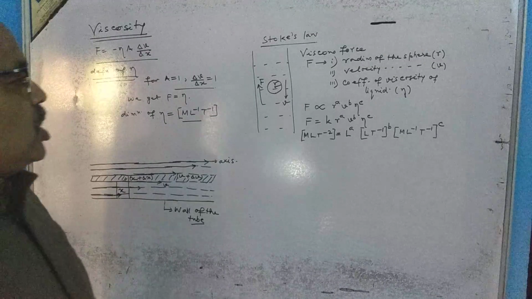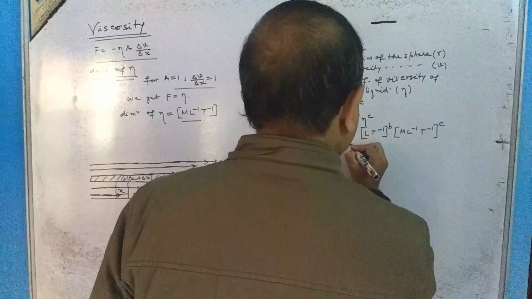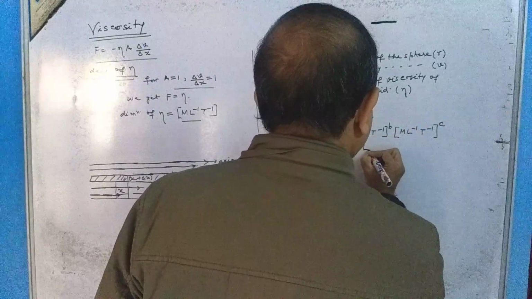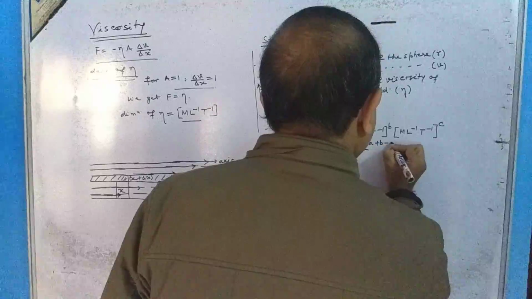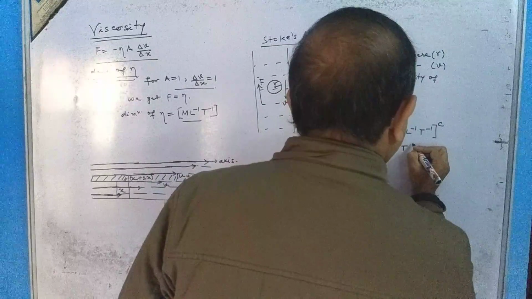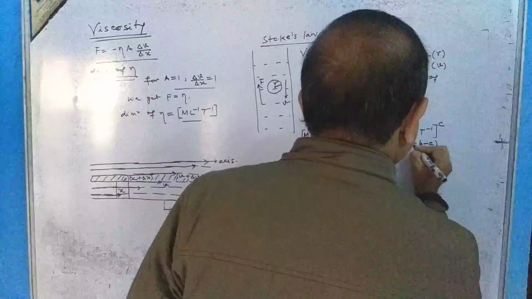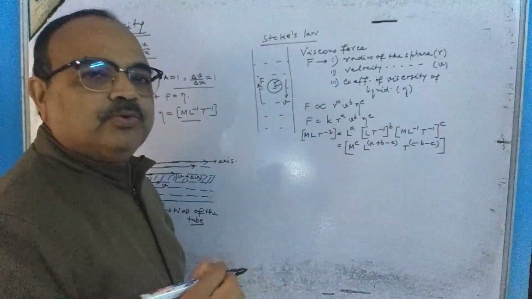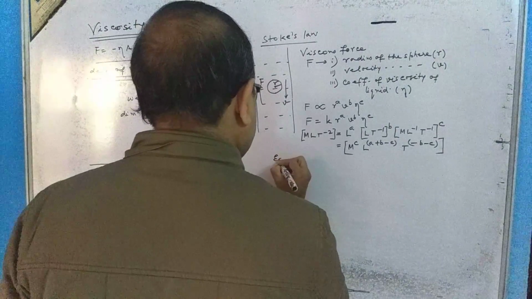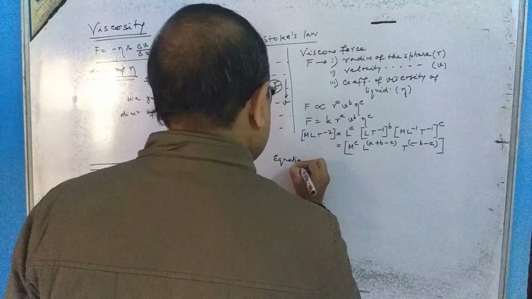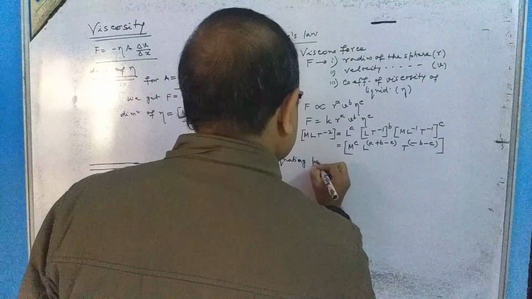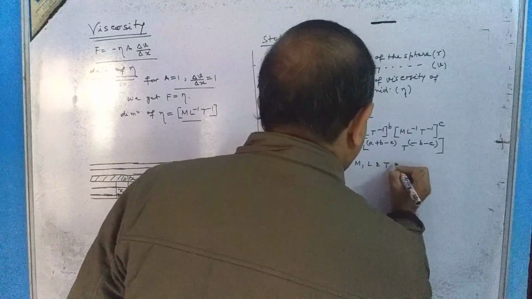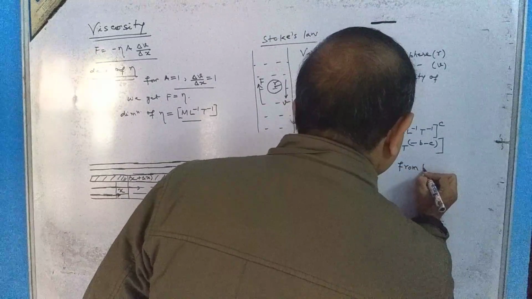Or M to the power c, L to the power a plus b minus c, and T to the power minus b minus c. Now I write here, equating the powers of M, L and T from both sides.